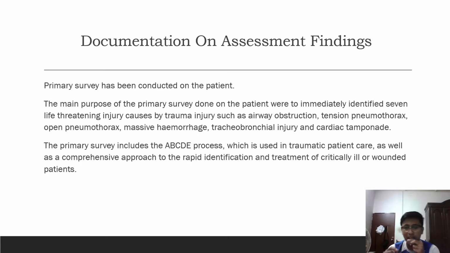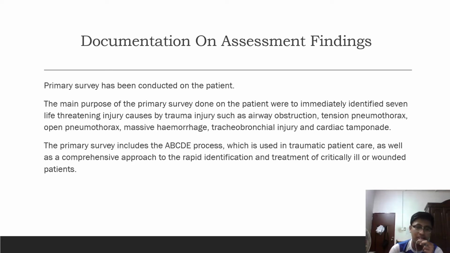A meaning airway obstruction, T meaning tension pneumothorax, O meaning open pneumothorax, M massive hemorrhage, T is tracheobronchial injury, and lastly C cardiac tamponade. This is the ATOM TC life-threatening injuries.